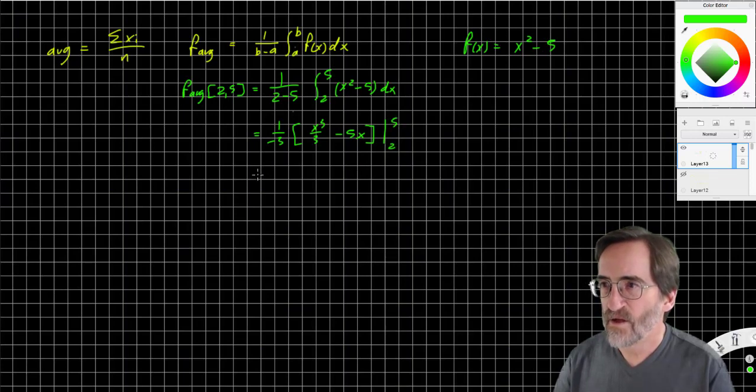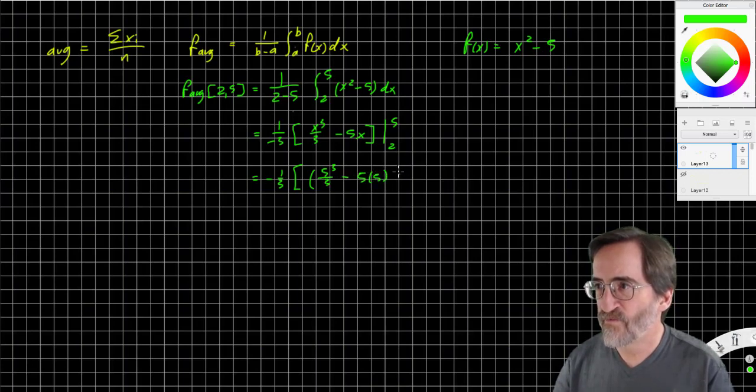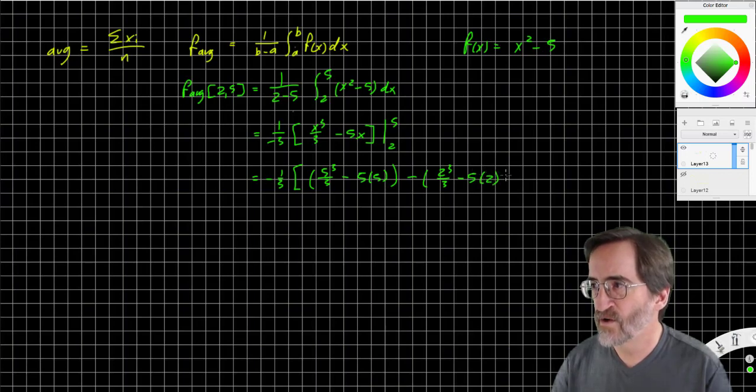So negative 1/3 times 5 cubed over 3 minus 5 times 5, minus, insert 2, 2 cubed over 3 minus 5 times 2. And the rest is arithmetic. Let's go ahead and work this one out here.